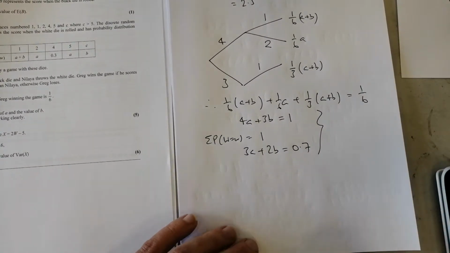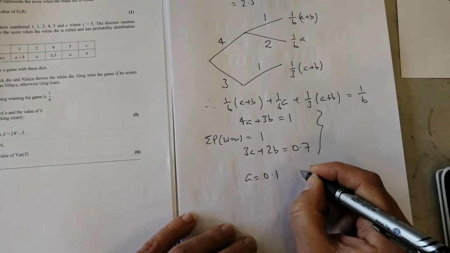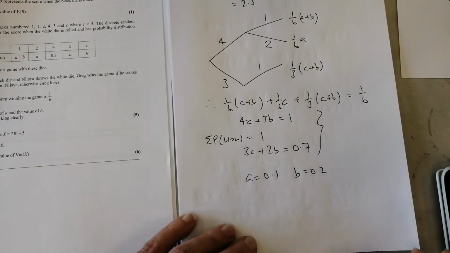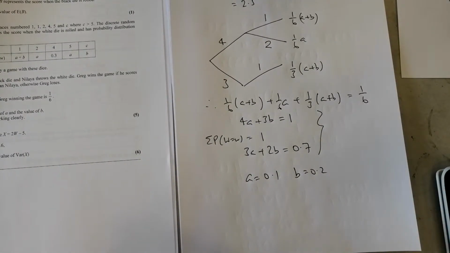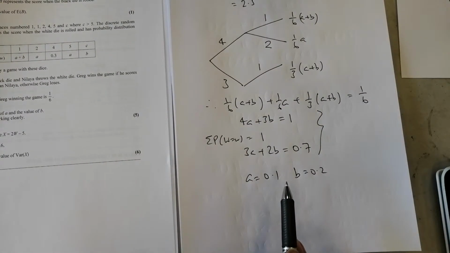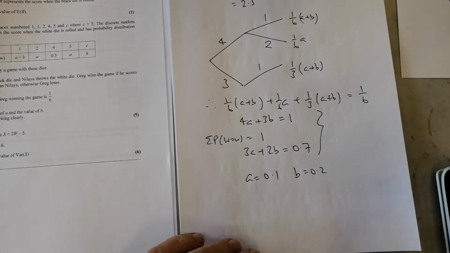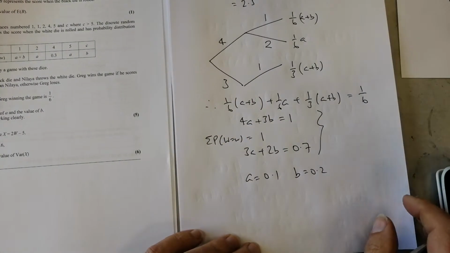That gives us 2 simultaneous equations which we can solve to work out that a is equal to 0.1 and b is equal to 0.2. You could have done this using a table and it would have been the same thing, but you're just looking for different ways Greg can win, working out their probabilities and then forming the 2 equations.